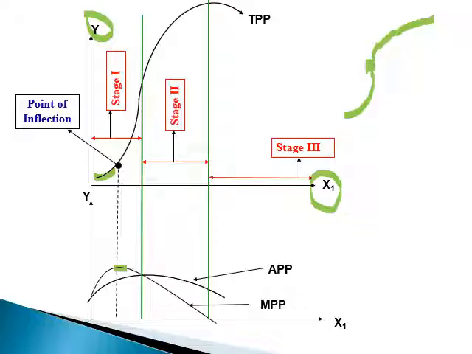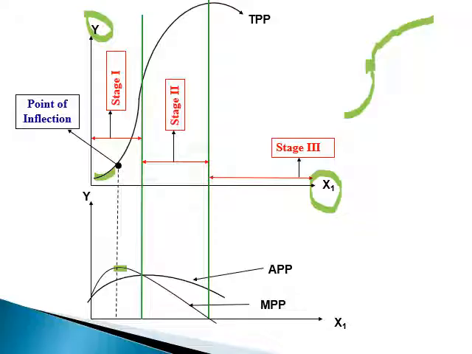When the total physical product is maximum, then the marginal physical product of the variable input is 0. And remember, before the inflection point, MPP is increasing; after the inflection point, MPP is decreasing all the way.